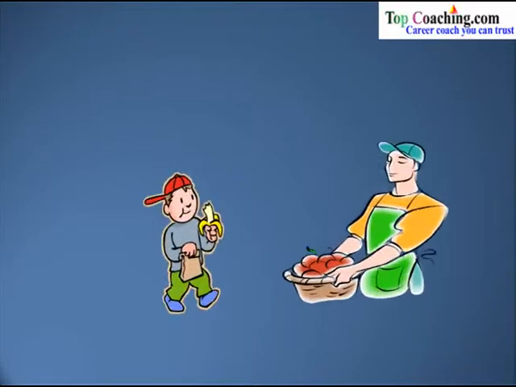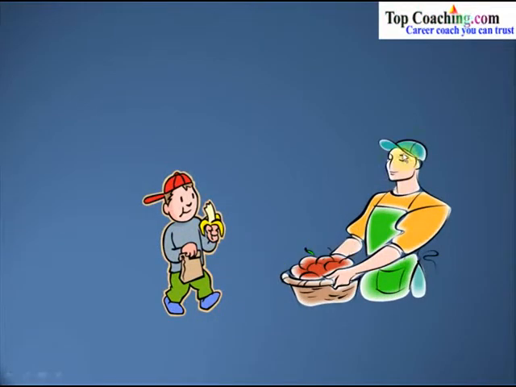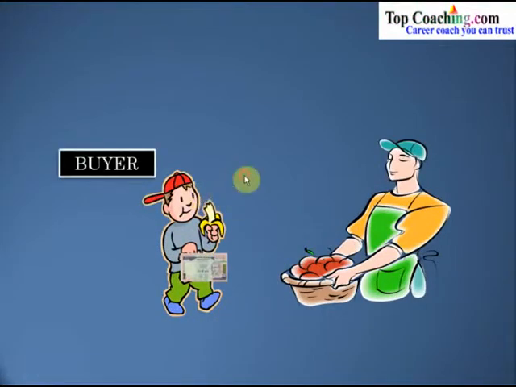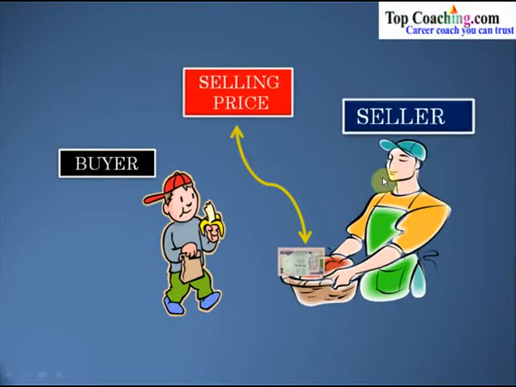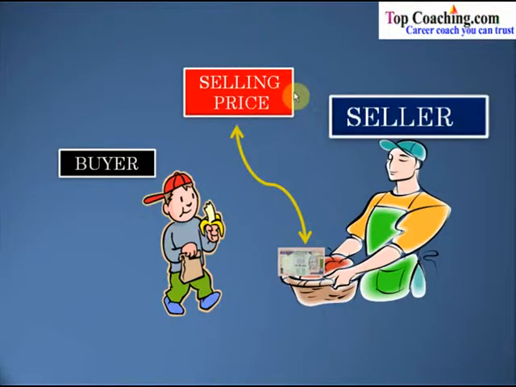Let's take the same example of the boy and the seller. Here, the boy is the buyer and he is the seller. Now again, the boy pays the seller and he gets the fruits in return. Now this money which the seller gets is the selling price. So we see that this very amount which this man will receive in return for the fruits he offered is the selling price.